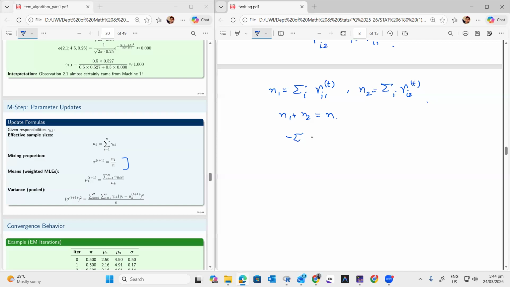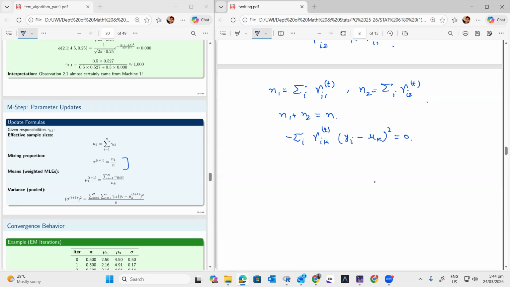summation over the range of I of gamma ik at the t-th iteration into yi minus mu k whole square, equals 0.